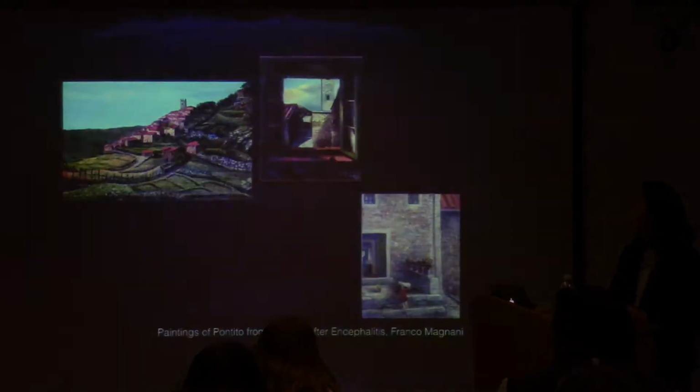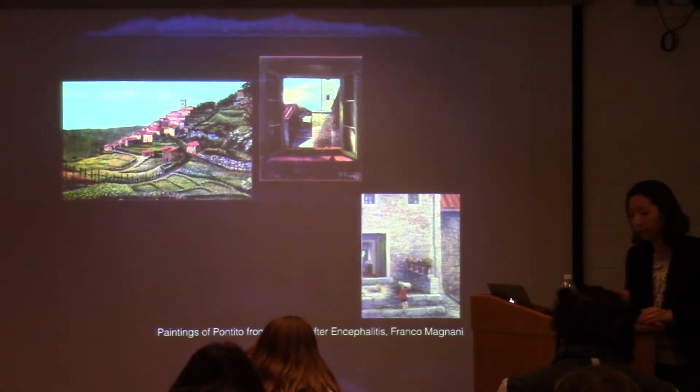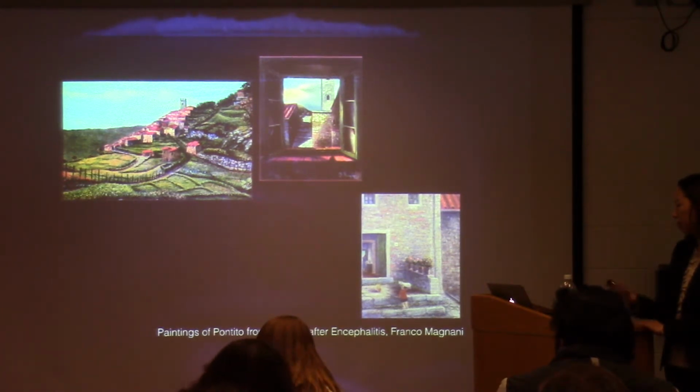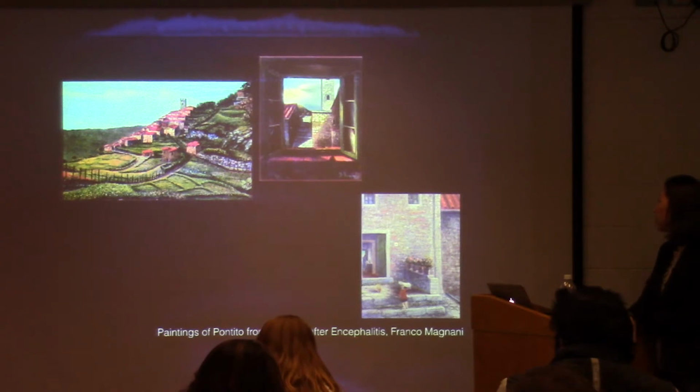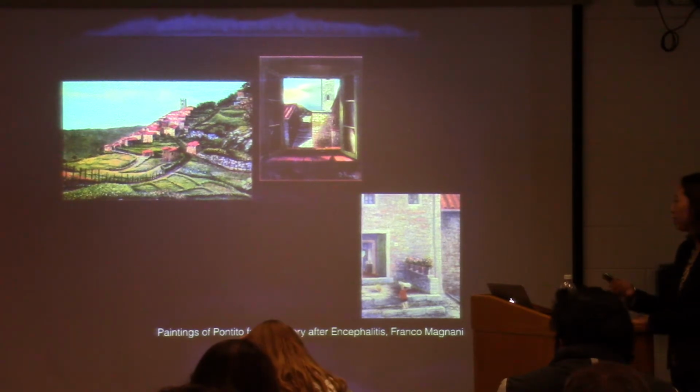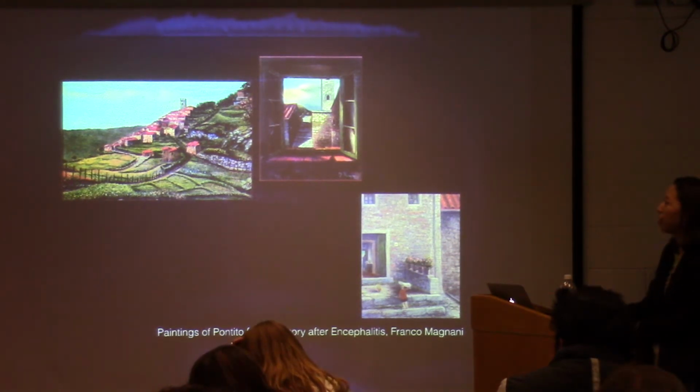The most famous case of this is Franco Magnani. He never painted, he never even went to a museum, and suddenly, after the onset of this disease caused by his encephalitis, he started to create.